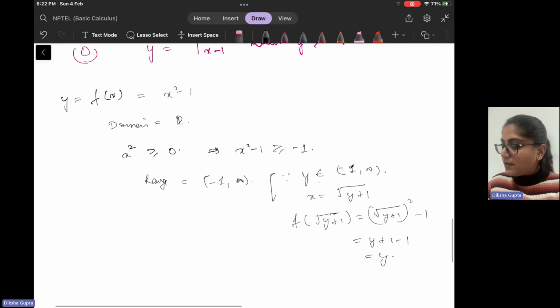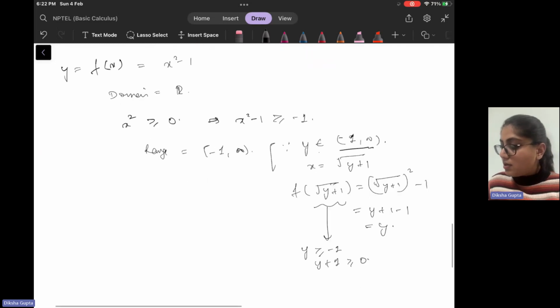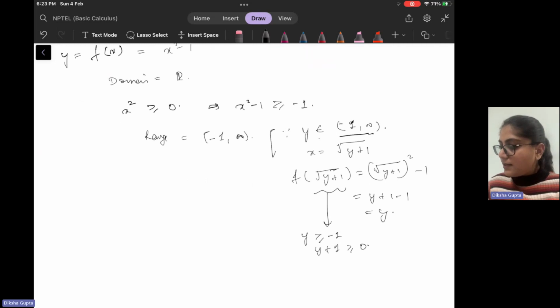So every y belonging to this set has a pre-image, and also under root y plus 1 is defined because y is greater than or equal to minus 1, so y plus 1 is greater than or equal to 0. So our range has to be nothing but this set.